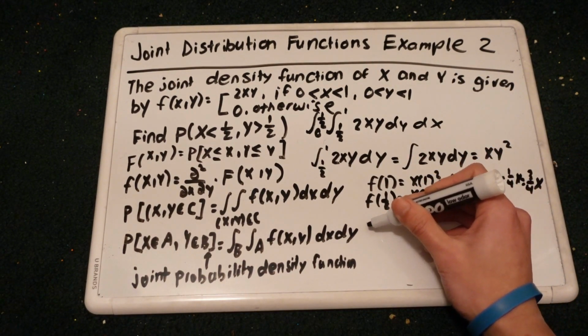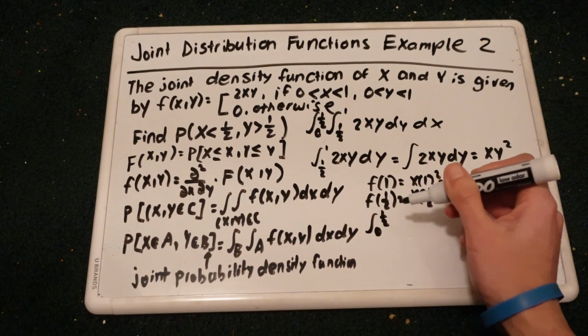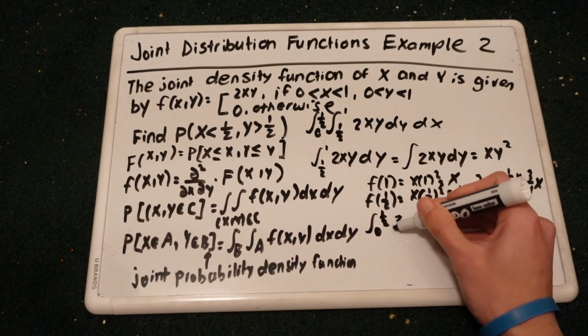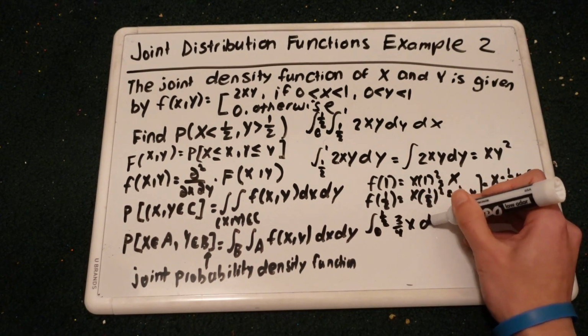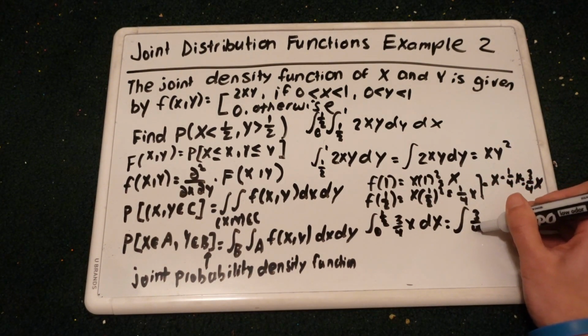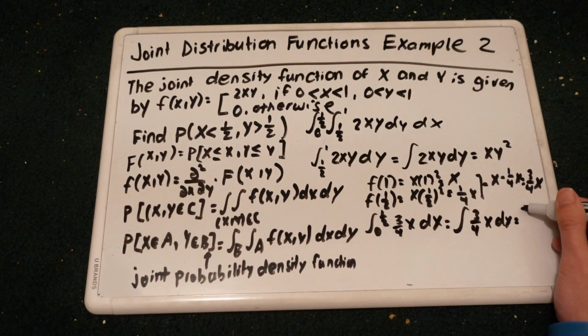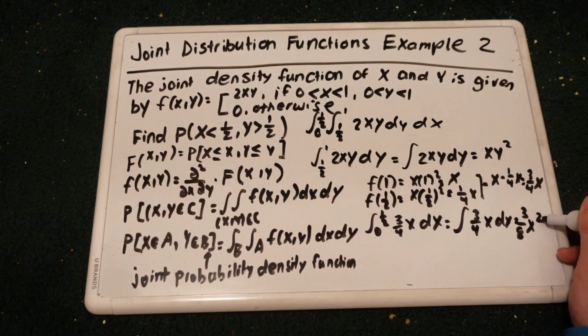Now let's work with the integral for dx. 0 to a half of 3/4 x dx. So the integral of 3/4 x dx is just 3 over 8 x squared.